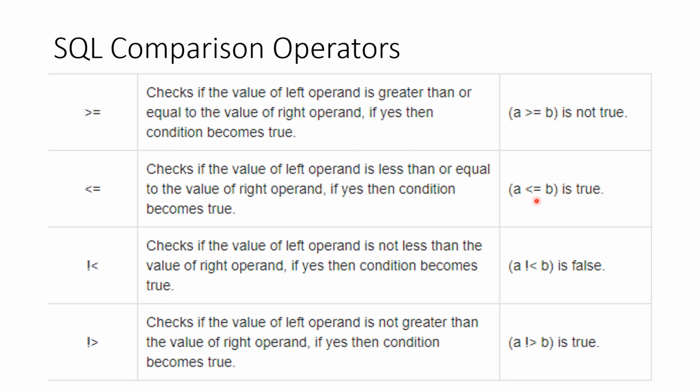If less or equal, it means if it is less, then also the condition will be true. Not less than: a is not less than b, it is false because it is less than b. Next, not greater than: it is true because a is not greater than b, it is less than b.